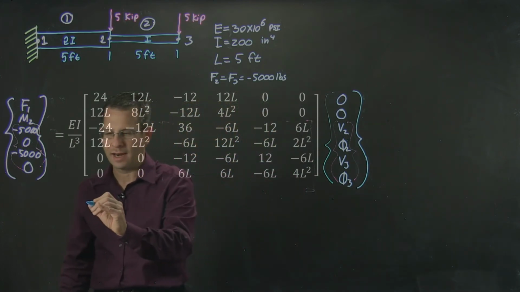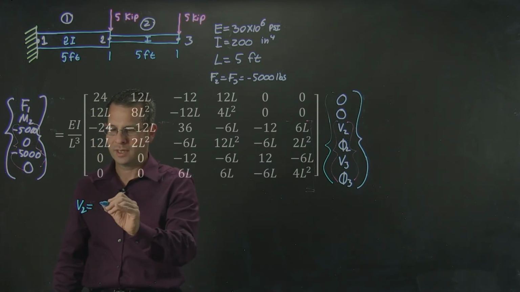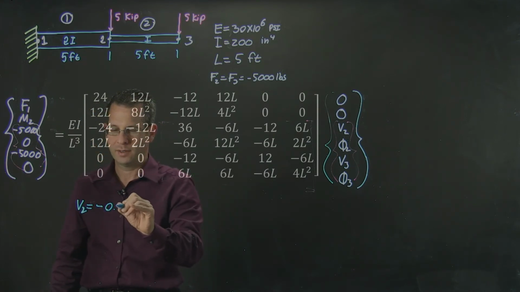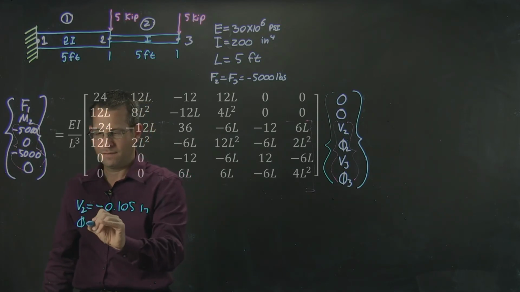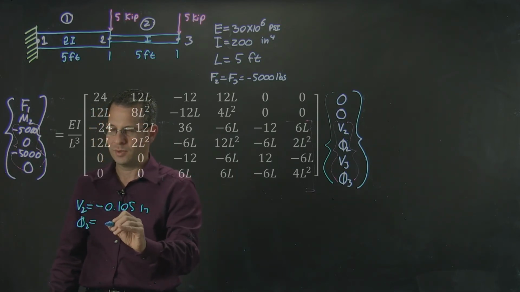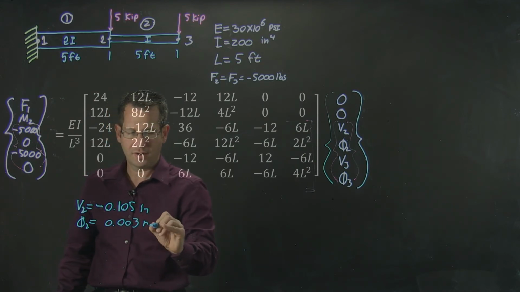I will find that V2 equals negative 0.105 inch. Phi2 is equal to 0.003 radians.